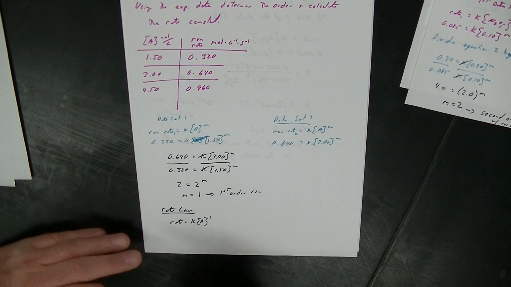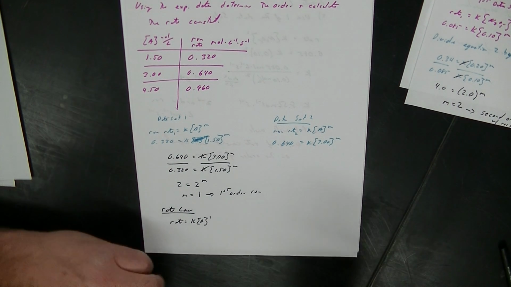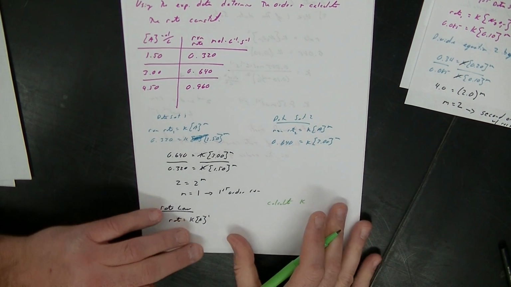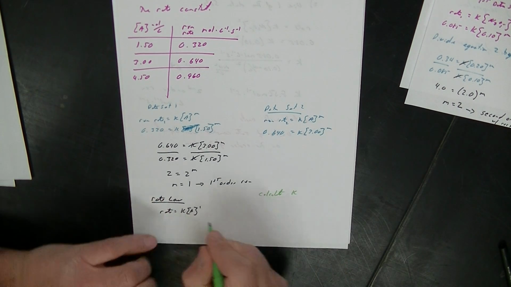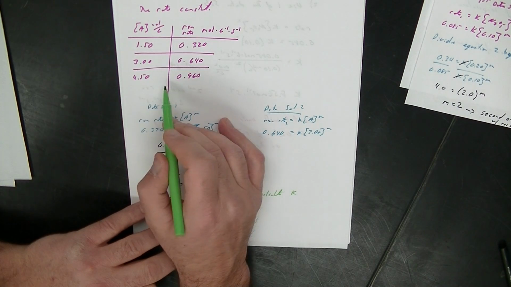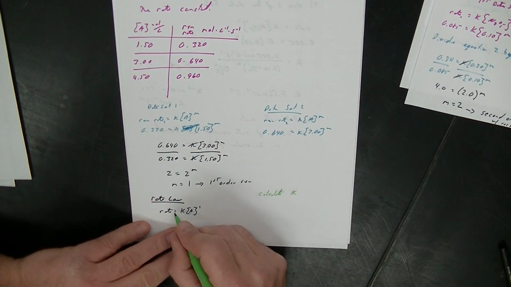Now that we have the rate law, we can calculate K. We're going to use the rate law and choose a data set. It doesn't matter which one. I'm going to pick the top one because it's on top.